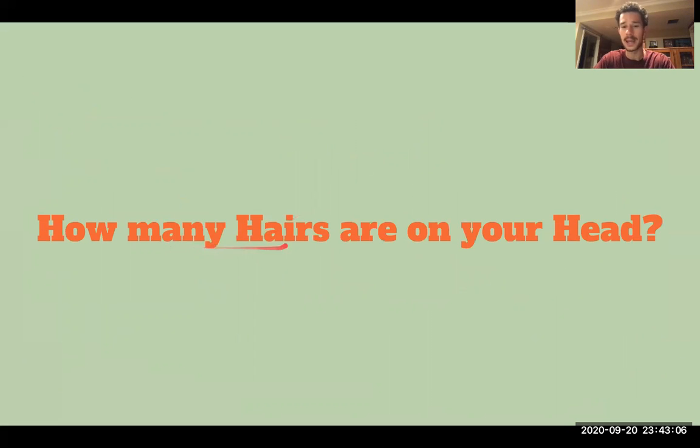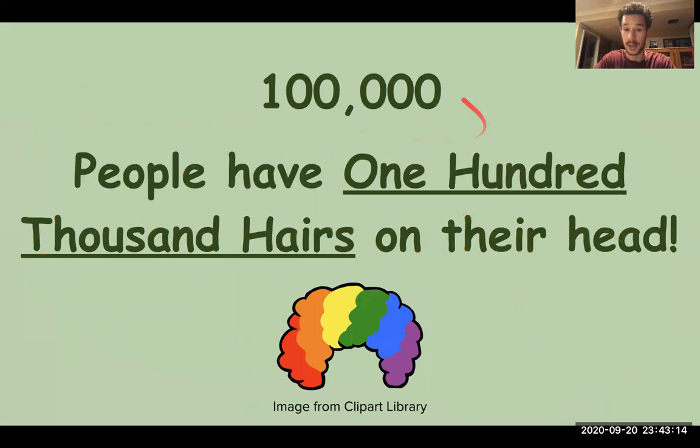Now, how many hairs are there on your head right now? Okay, so maybe a little bit more than 2,000, right? So there's actually 100,000 hairs on your head. And sometimes, 1 or 2 hairs will fall out just throughout the day. And that's totally okay because you have so many hairs, 100,000 hairs on your head.